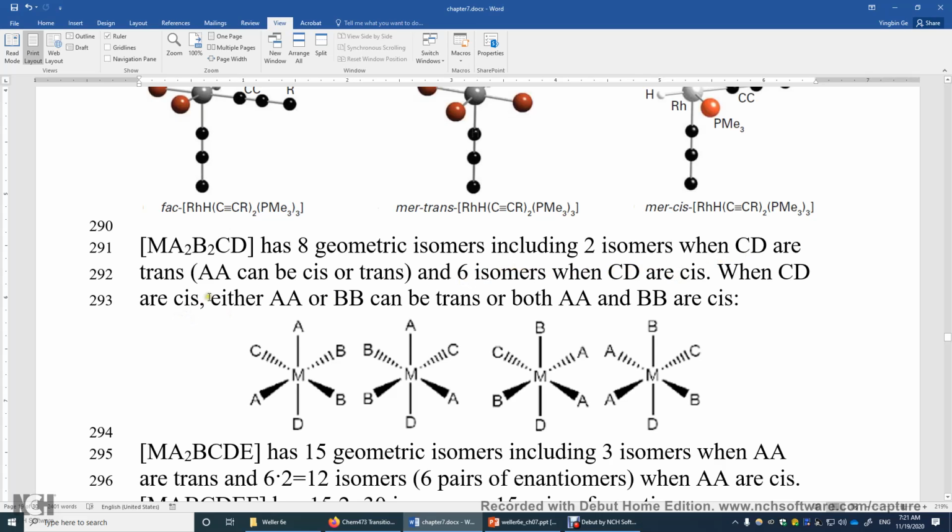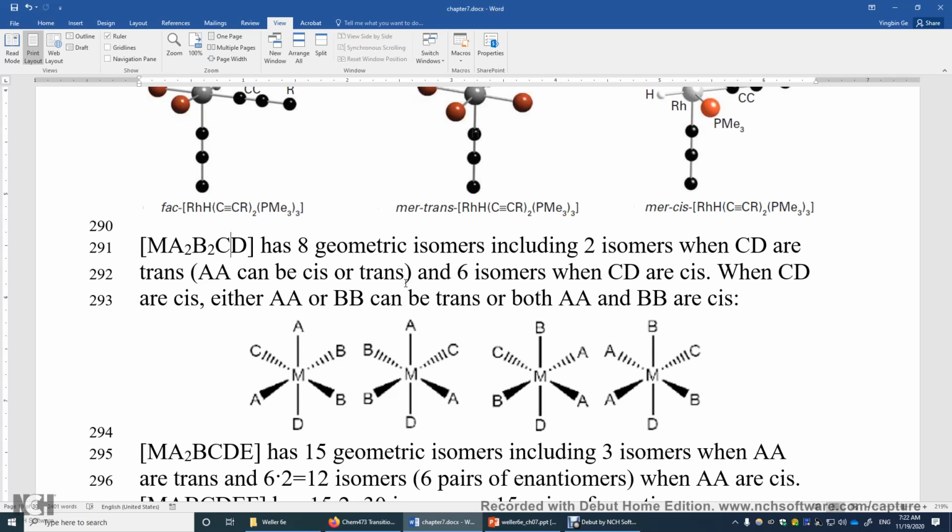So when CD are cis, you can have AA trans, you can have BB trans. So I want to show you this. When CD are cis, let's say we put C, D, the two B's and the metal on the same plane in the middle, and then one A on top, one A on the bottom.